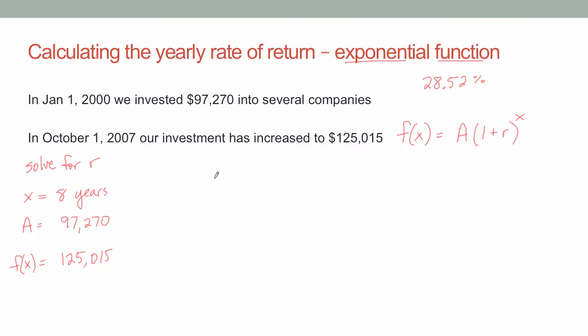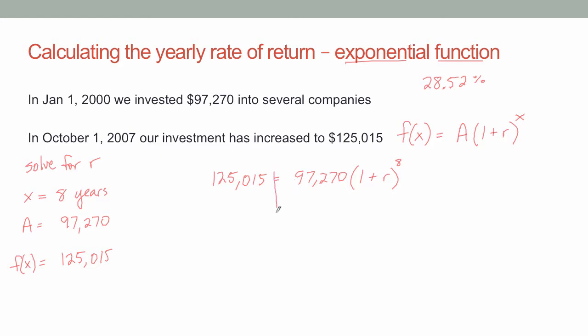So let's set up our equation. We now have $125,015. We started with $97,270. We're multiplying it by some interest rate, but we don't know what that is. We're going to solve for R, but we've done it for 8 years.